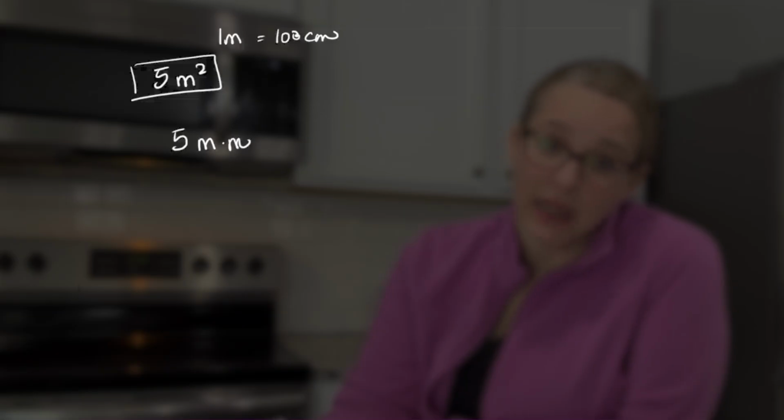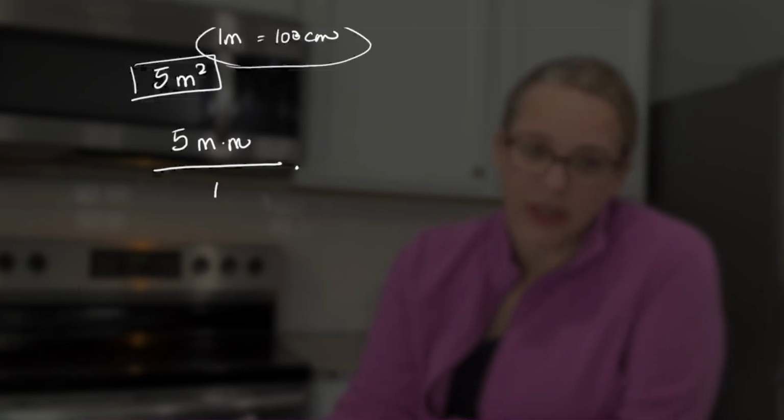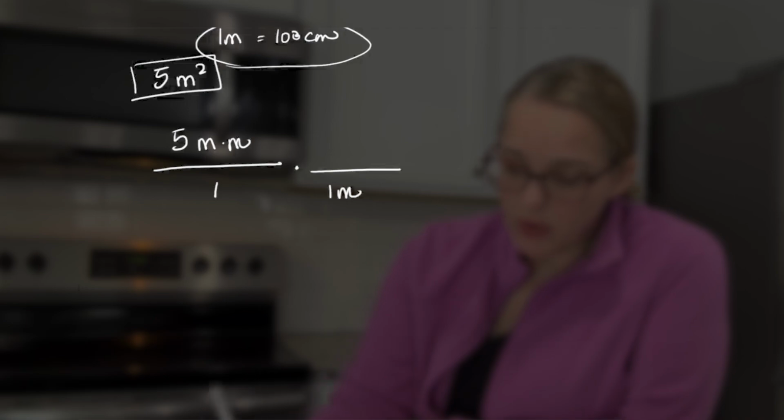So you can actually write it out that way. I'm going to put that over 1 times my conversion factor. Which one should go on the bottom, meters or centimeters? The meters. So my 1 meter will go on the bottom, and my 100 centimeters will go on the top.